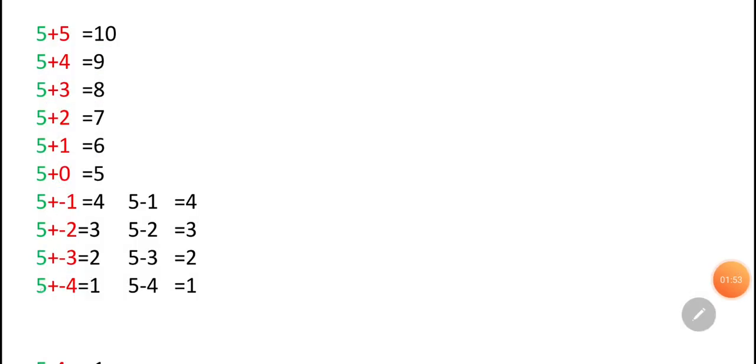So as you can see, 5 add negative 1 can be seen as 5 take away 1, which is equal to 4. 5 add negative 2 can be seen as 5 take away 2, which is 3. And 5 add negative 3 can be seen as 5 take away 3, and so forth.